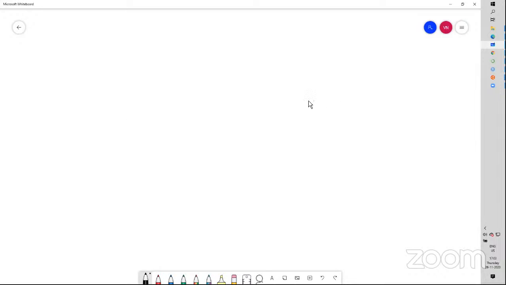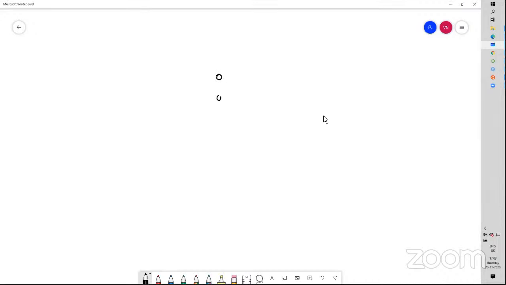I'll give you an overview of what we are going to build today. We are going to build a neuron perceptron like this. There are going to be 3 inputs: x1, x2, and x3.